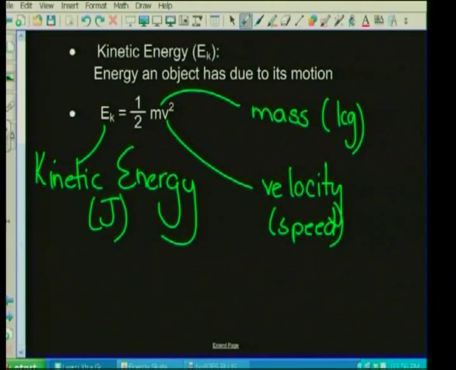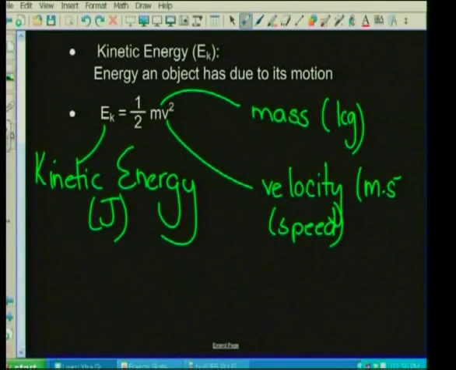It doesn't matter, grade 10s. It's a lot like in the wave section where speed and velocity get interchanged and we use them together. It doesn't really matter. It's squared anyway. So if we are using a velocity which is in the negative direction, it doesn't make a difference because it's v squared. And remember, negative times negative gives me a positive, so it doesn't make that much of a difference.